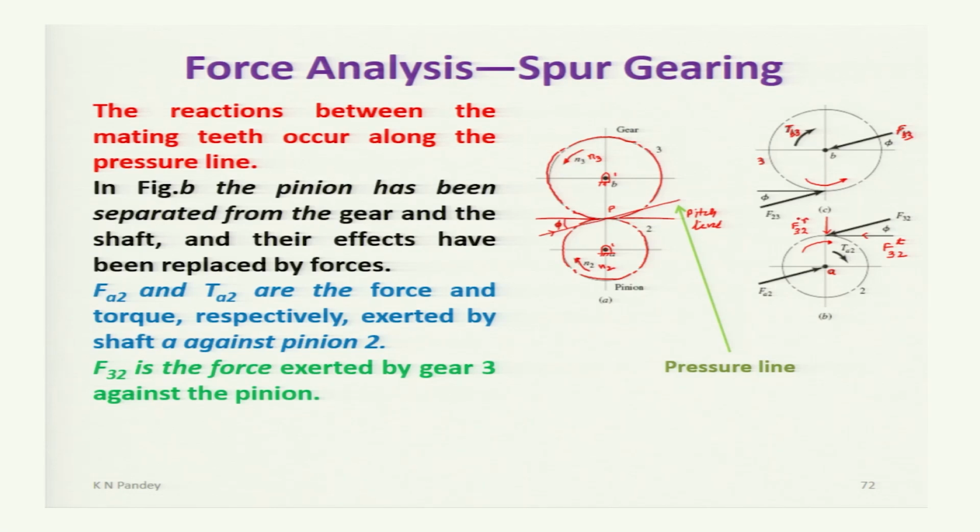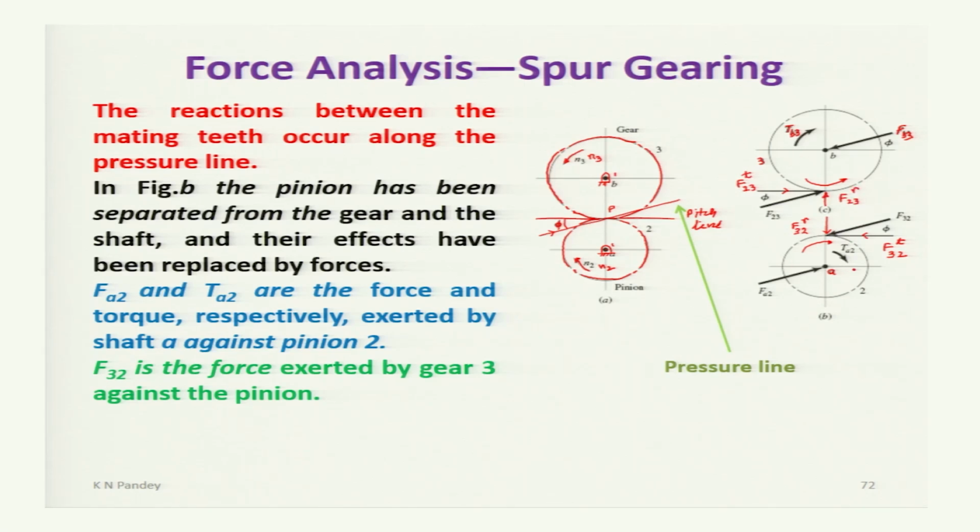In a similar way, for the gear, the force F23, exerted by the pinion on the gear, will have two components: one tangential to the pitch circle of the gear, F23 tangential, and the radial component F23 radial.